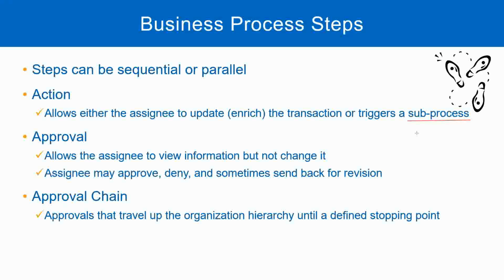It automatically creates a task for the second level manager's manager, for example. Okay. So approval chains are a very smart way of getting multiple approvals in the same task.